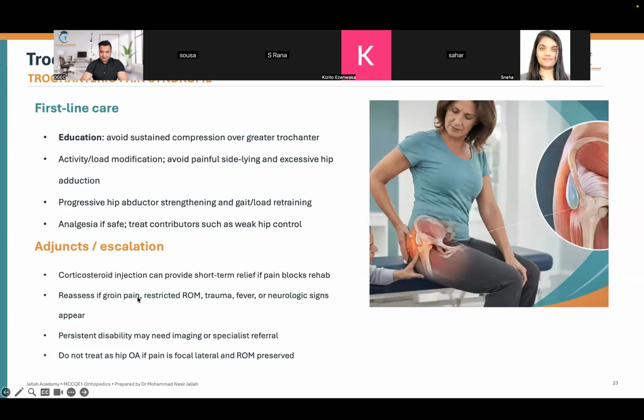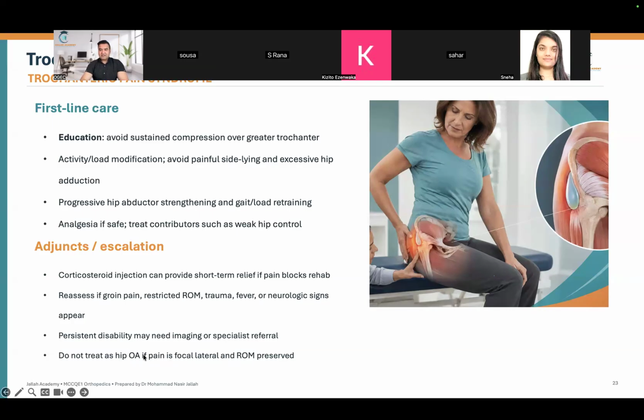Reassess if growing pain, restricted range of motion, trauma, fever, or neurological signs appear. These are the red flags. Persistent disability may need imaging or specialist referral. Do not treat as hip osteoarthritis if pain is focal, lateral, and range of motion is preserved.